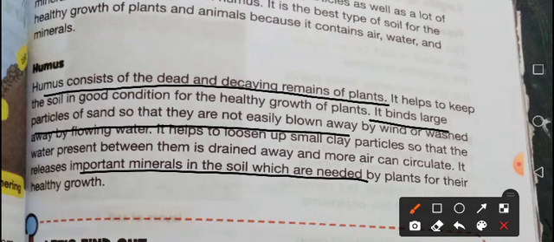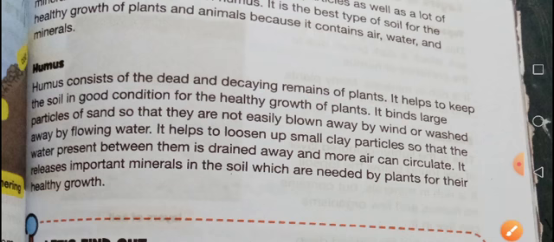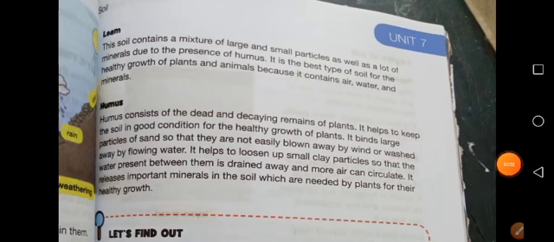That is why I have told you in class that we should not throw away vegetable or fruit peels or eggshells. We should dig the soil and bury them in the soil because with the passage of time they will rot and form humus and the humus will make our soil fertile.